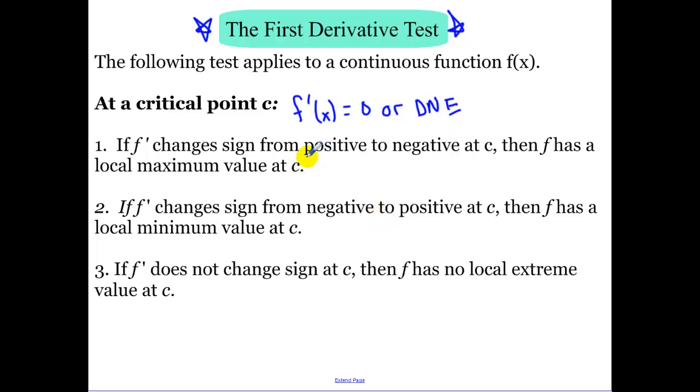And if I change from positive to negative, if I go from increasing to decreasing, we have a max. When I change from negative to positive, we have a minimum. And then if you don't change signs, then you have no local extrema.